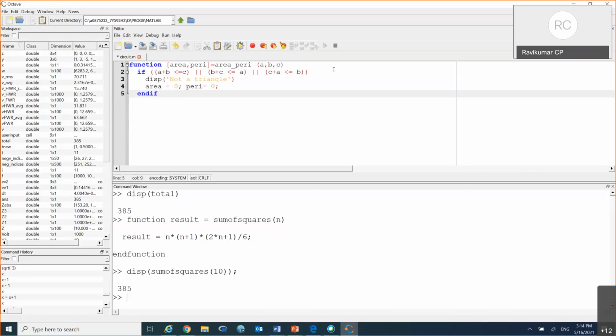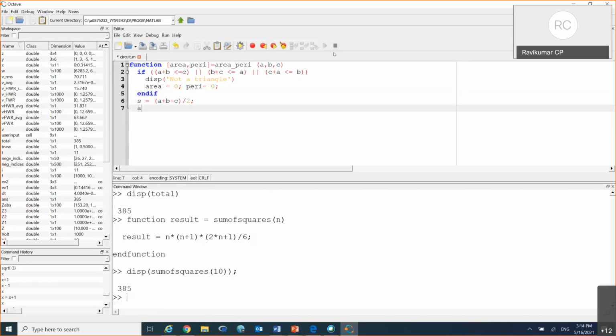So if followed by a condition and any number of statements, then followed by end. Assume that everything is fine, it's a triangle. Then we calculate the semi-perimeter, which is A plus B plus C divided by 2.